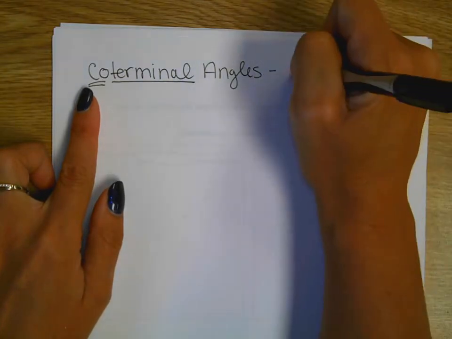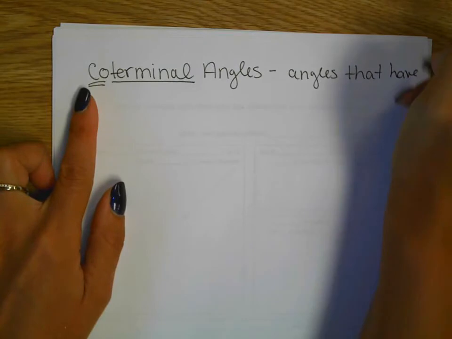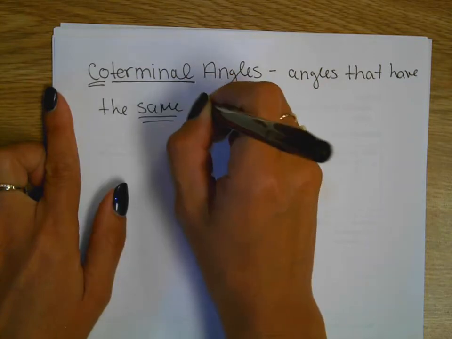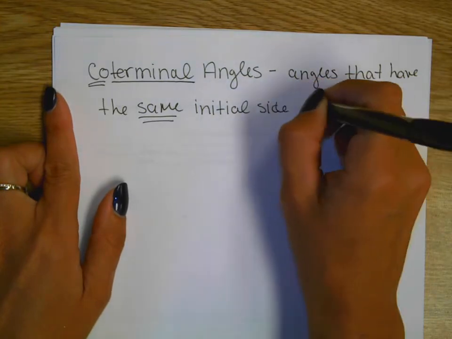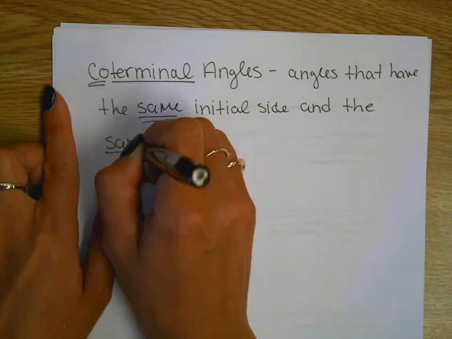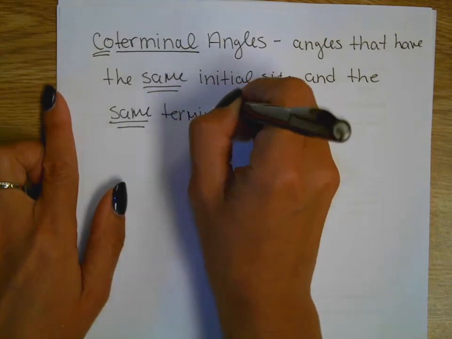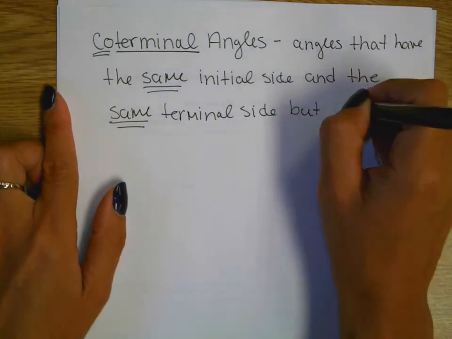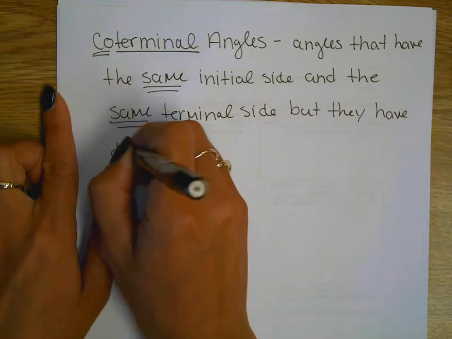So these angles have the same terminal side, but they have different angle measures. How's that going to happen? So angles that have the same initial side, so they start at the same spot, and the same terminal side, so they stop at the same spot, but they have different angle measures.